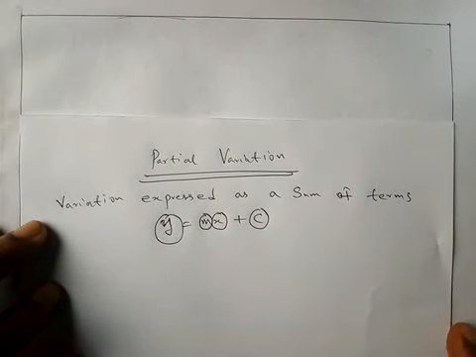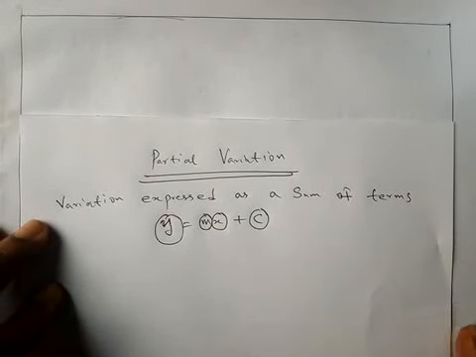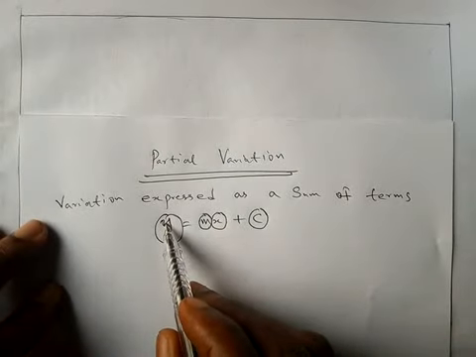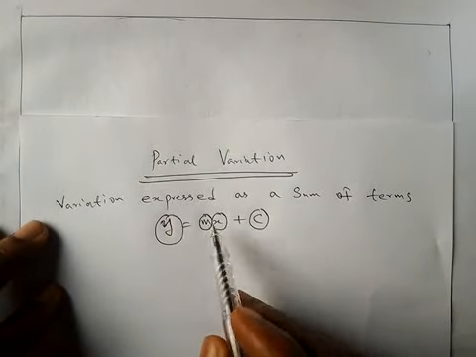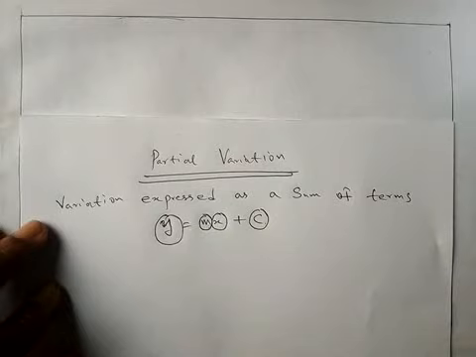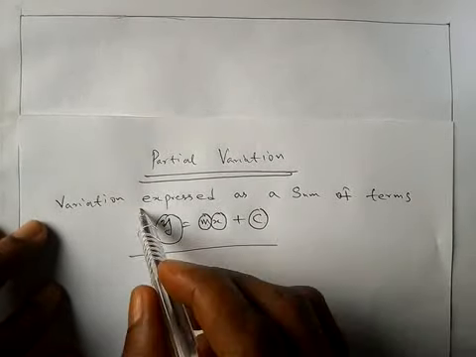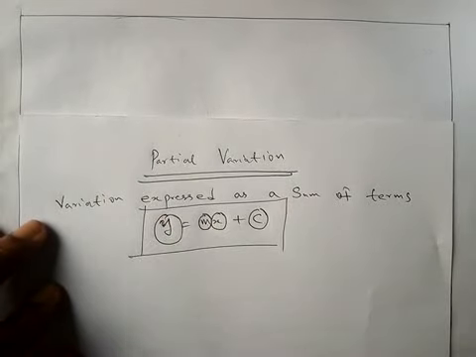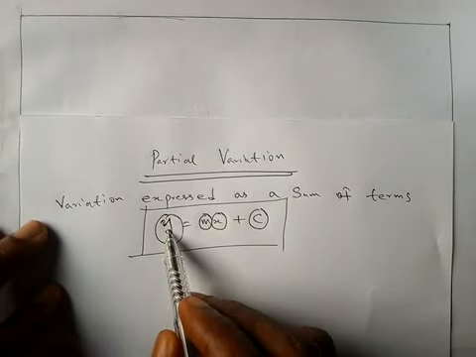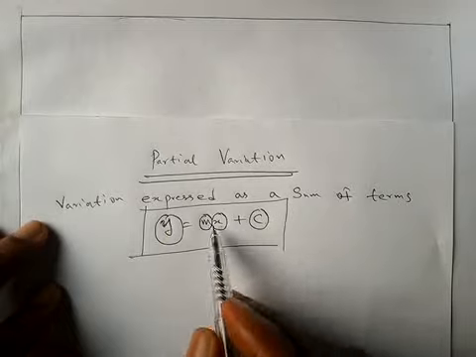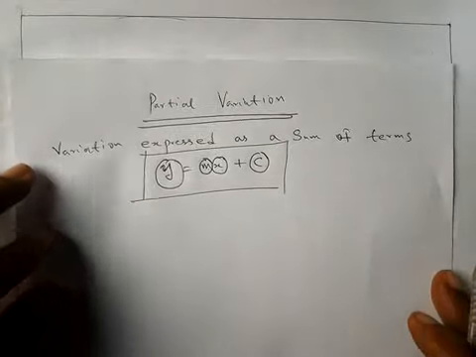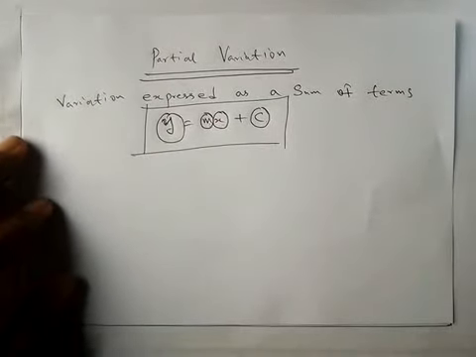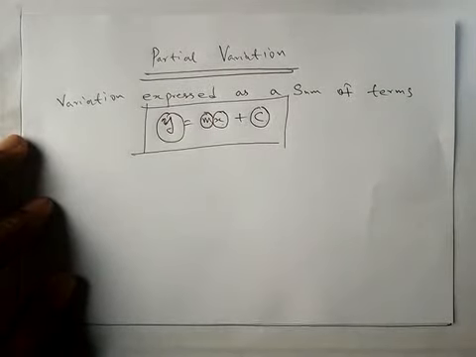When we come to coordinate geometry, we're going to study it better. So this is how every partial variation looks like. You have a variable here, a variable inside, and you're going to have two constants in there. Okay, so let us take the first question.